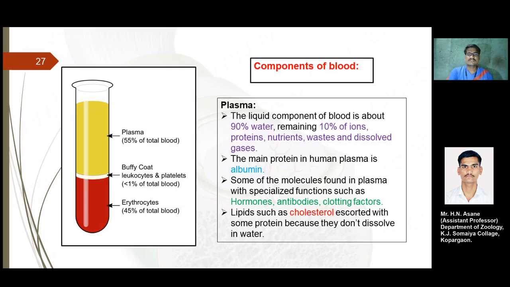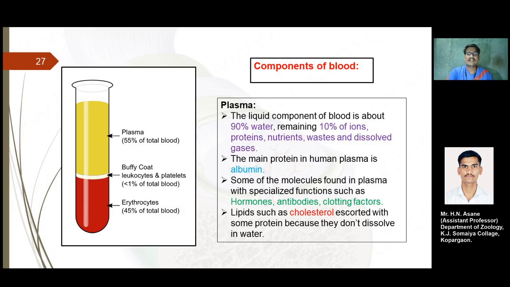Lipids such as cholesterol are also present in the blood, and cholesterol is escorted with some protein. Escorted means the cholesterol is attached with some protein to travel in the blood flow, because we know that blood is 90% water, and cholesterol is a fat, and fat is hydrophobic in nature.